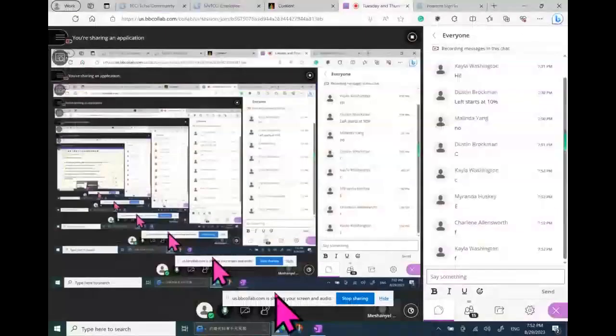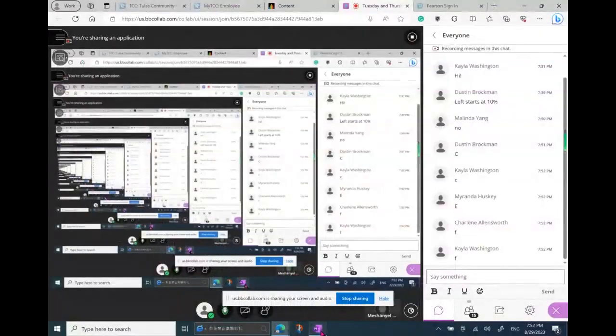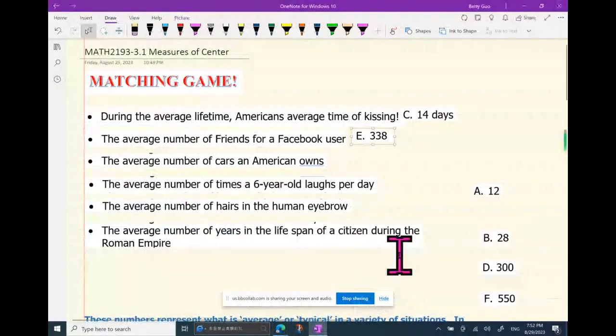Good judgment. It's not F, not that many. Yes, it's E. The average number of friends for a Facebook user is 338.